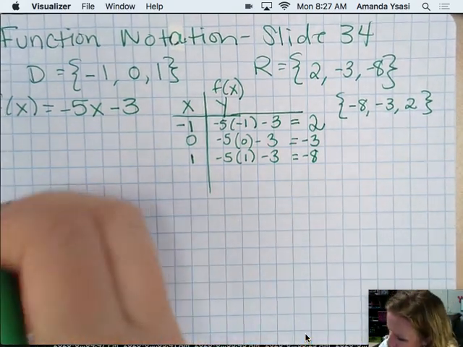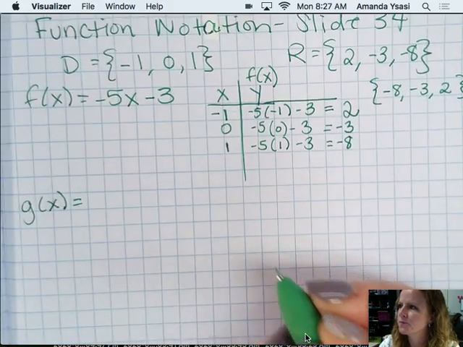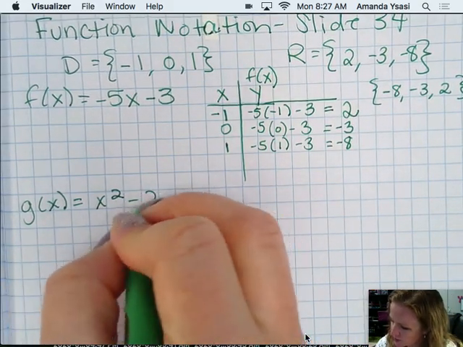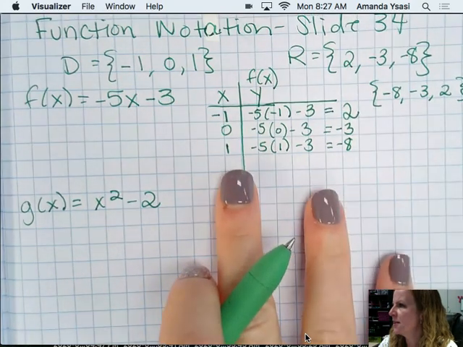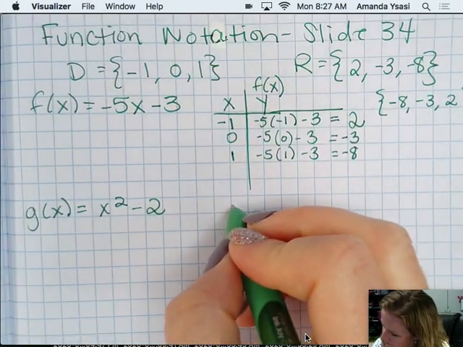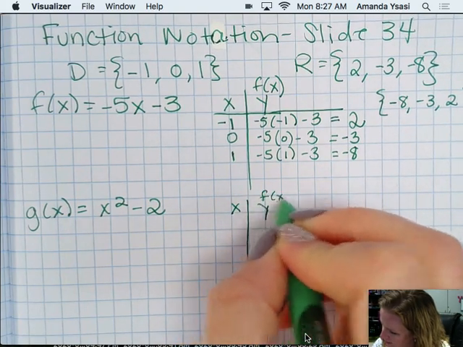Okay, let's do g of x now. G of x is x squared minus 2. Different function, it's going to have a different t-chart. X, y, which is our f of x.